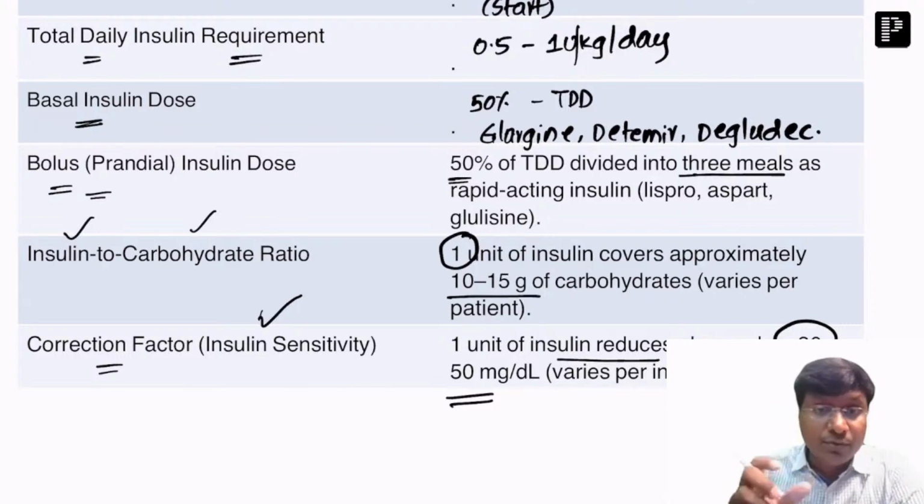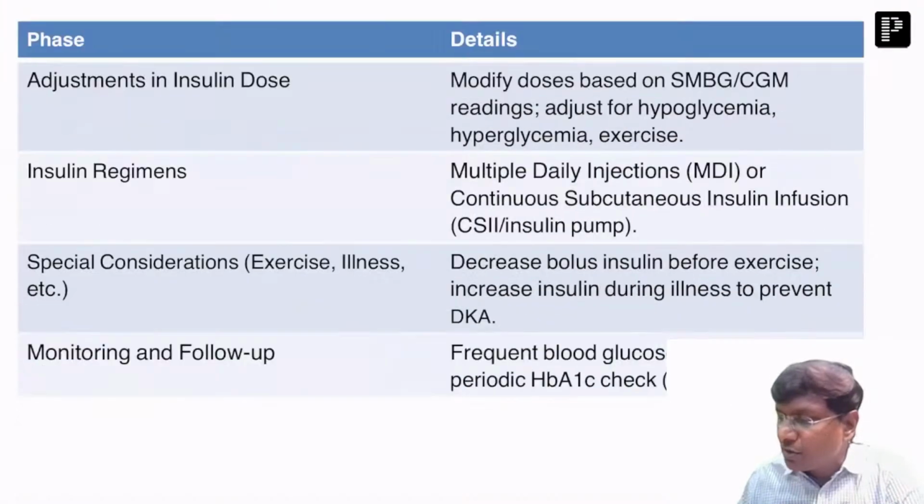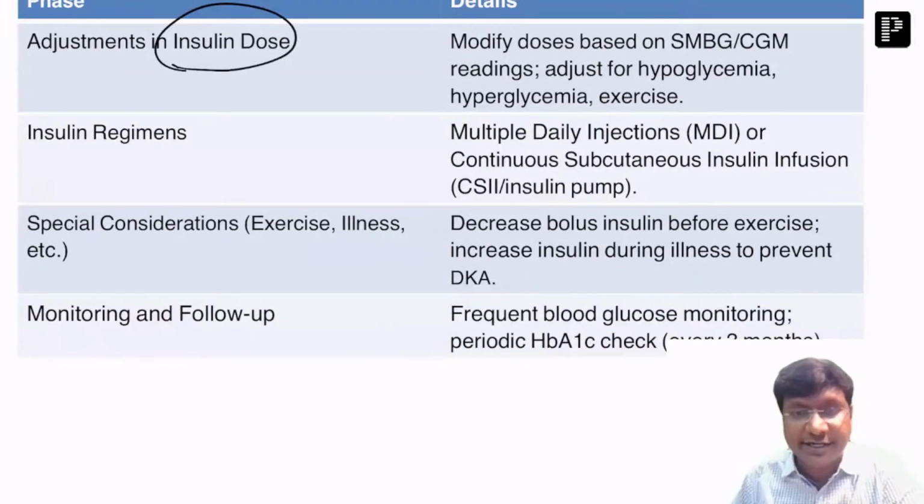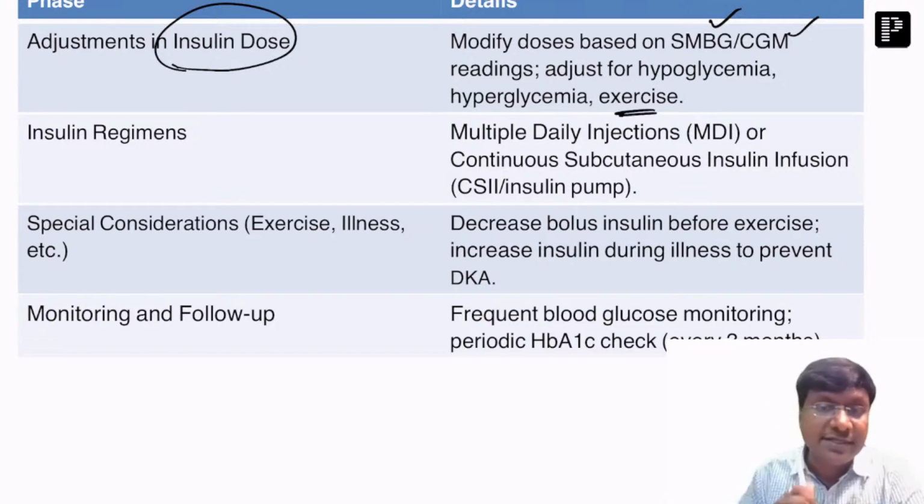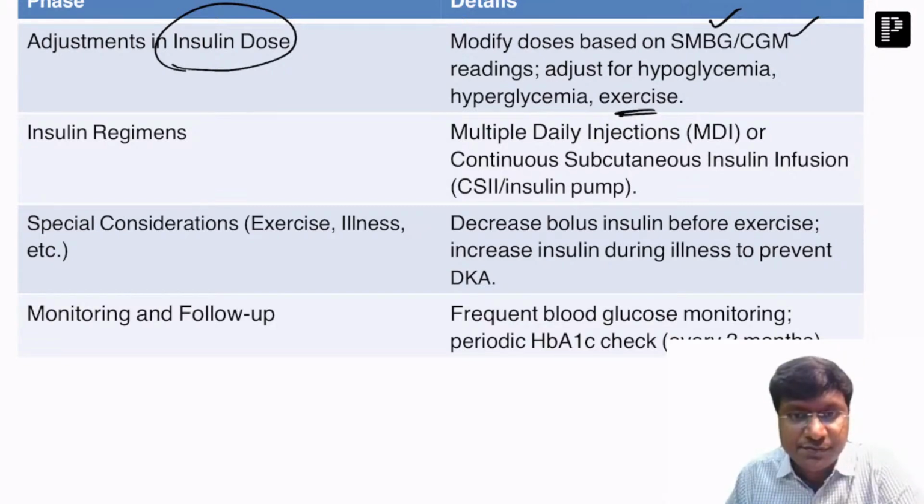Okay. Now, during which particular time is adjustment of the insulin dose required? You need to modify the doses of insulin based on self-monitoring of blood glucose and based on continuous glucose monitoring readings, right? And you also need to adjust the insulin dose depending upon hypoglycemia or hyperglycemia as well as the exercise of the individuals, right?